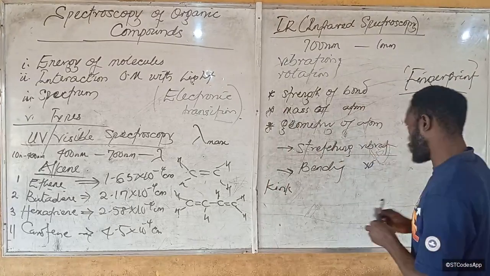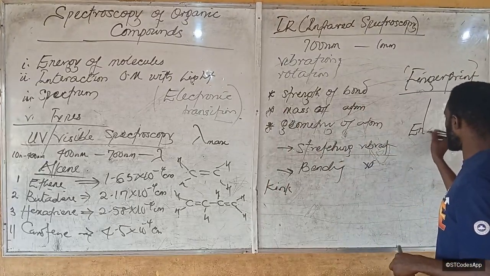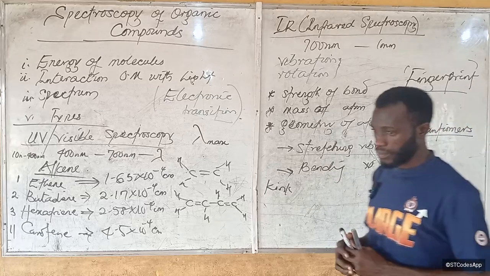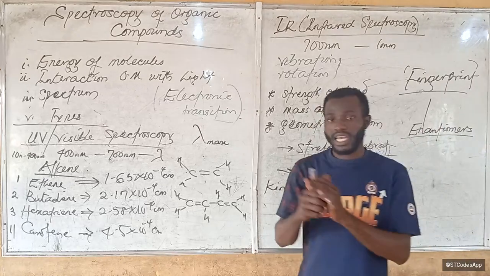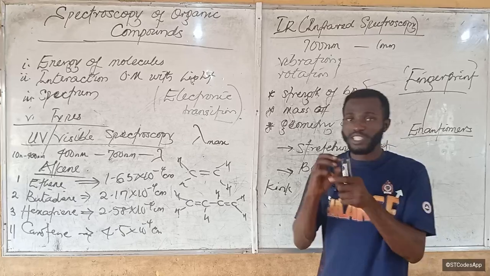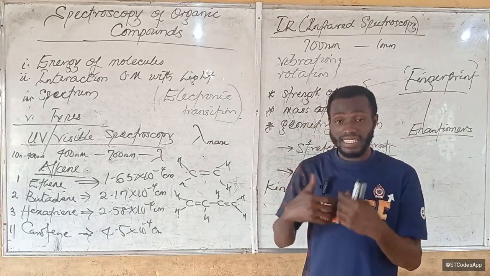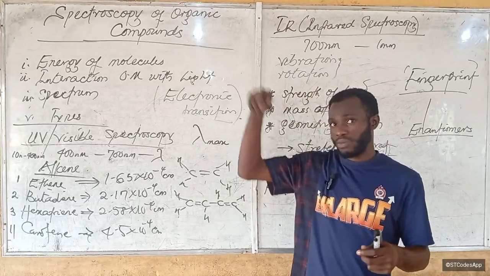Except though for enantiomers. Only enantiomers can show the possibility of some similarity in the shape of the spectrum that is formed.